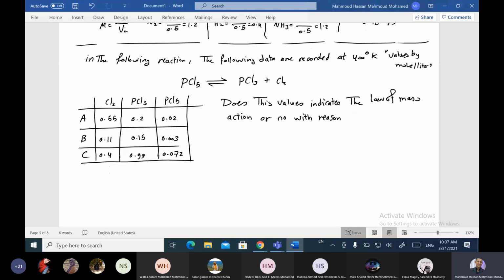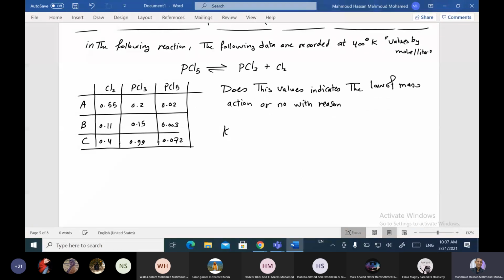Firstly, the law of mass action says that the Kc equals the concentrations of the PCl3 and chlorine gas as products, raised to the number of molecules equal 1, divided by the PCl5.